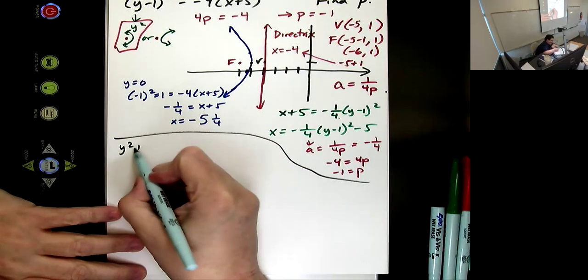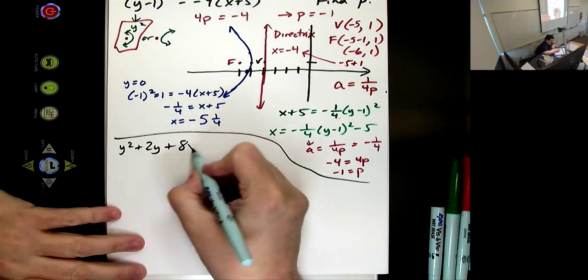y squared plus 2y plus 8x plus 17 equals 0.